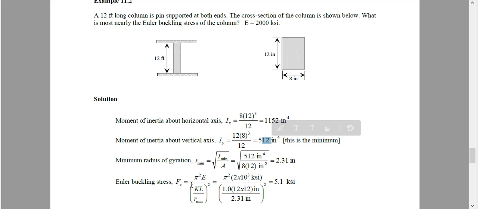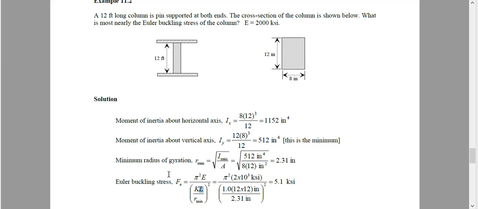We'll consider this one. Then we find the R minimum, square root of I by A. Then by the Euler buckling stress equation, pi square E over KL by R minimum squared, everything is known. A common mistake people make here: the R you are getting is in inches, while the length is given in feet. So make sure you are careful about your L. It should be the same unit as R, so that it will cancel, and whatever the unit of E, that is the unit of the answer.